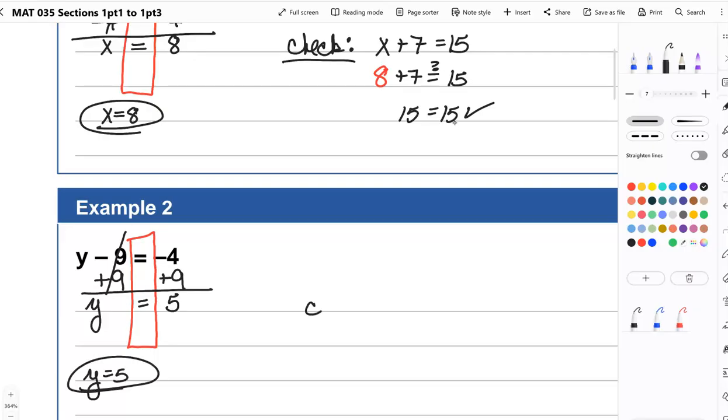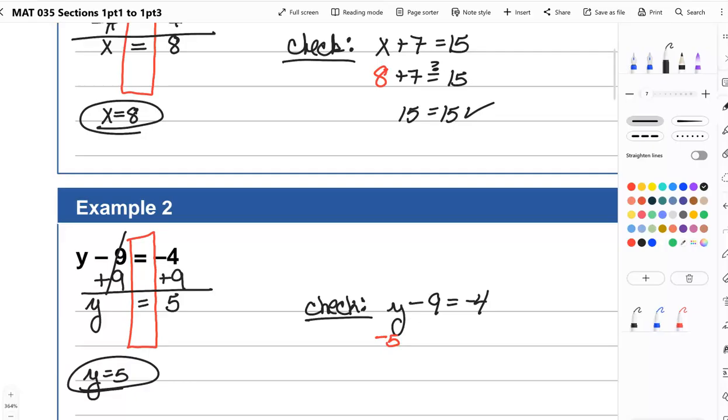Now, if we wanted to check it, we would just plug it back in. Original equation is y minus 9 equals negative 4. We're asking, is that negative 5? And I'm going to plug in negative 5. I'm substituting it in for that y. Oh, excuse me, that's not a negative.